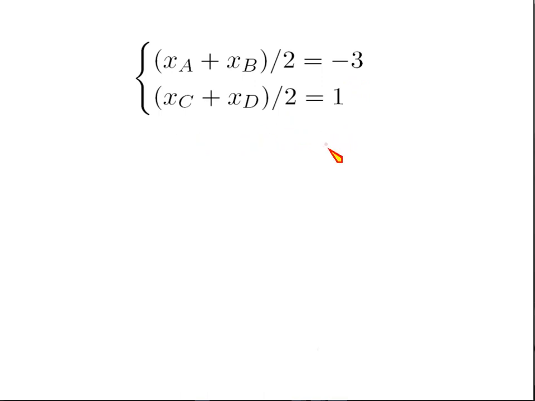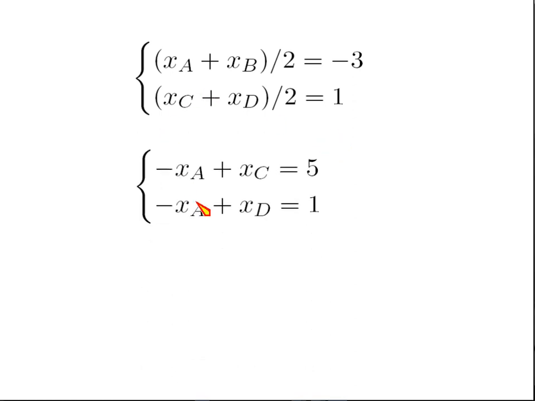Another plane is this: C is 5 units further than A, and D is 1 further than A. But these two constraints mean a plane in dimension 4.